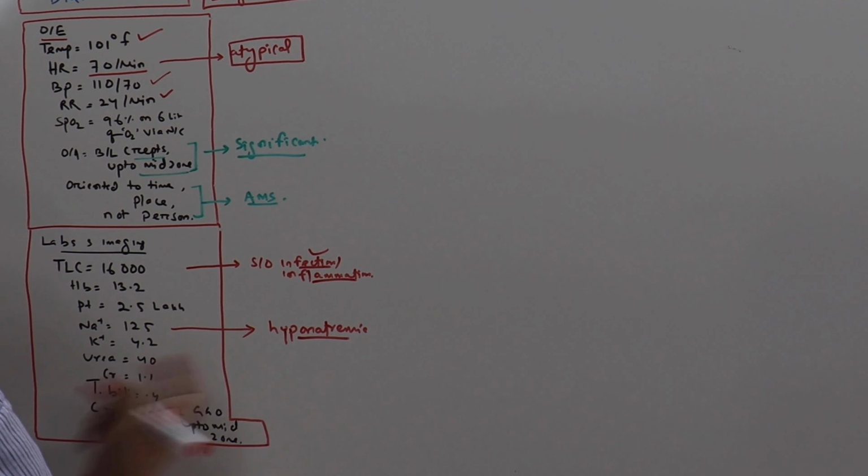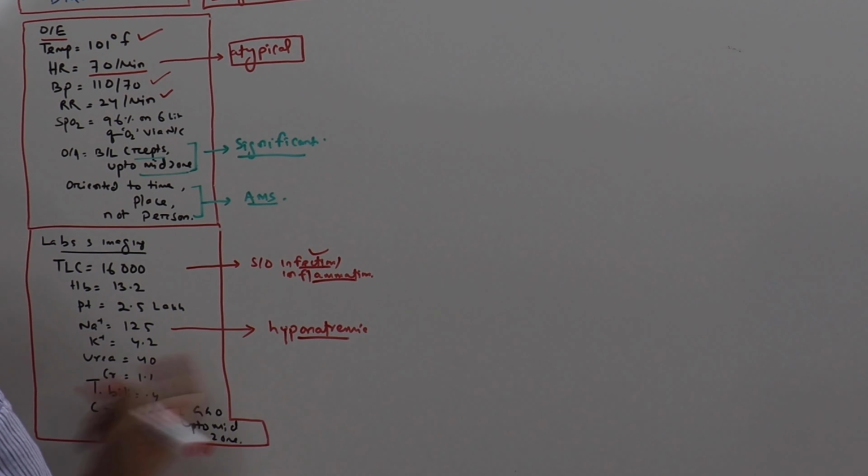This is again unlikely of a consolidation. So now, based on these things, let us discuss the case. Fever plus cough, this is called upper respiratory tract infection. Fever plus cough plus a patch or consolidation in the lung is called pneumonia or lower respiratory tract infection.